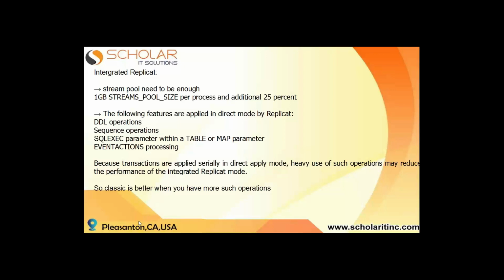So size your stream pool properly. If not, it will take your shared pool, and you won't want to be in that state, because if the shared pool is taken by this replicate, it can cause some other application job to fail. So you have to take care of that.